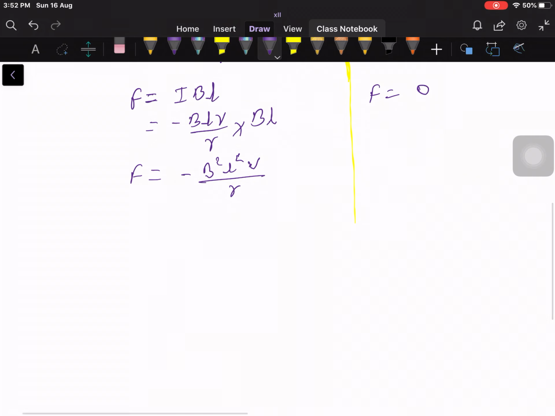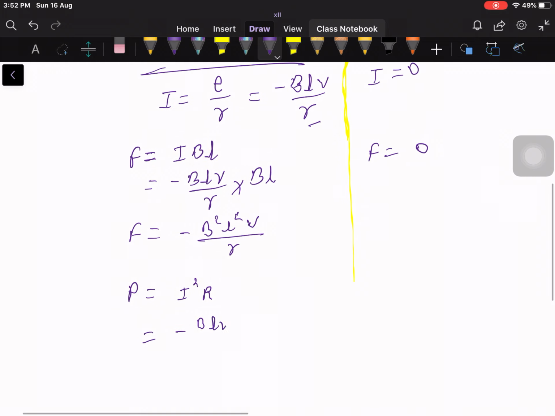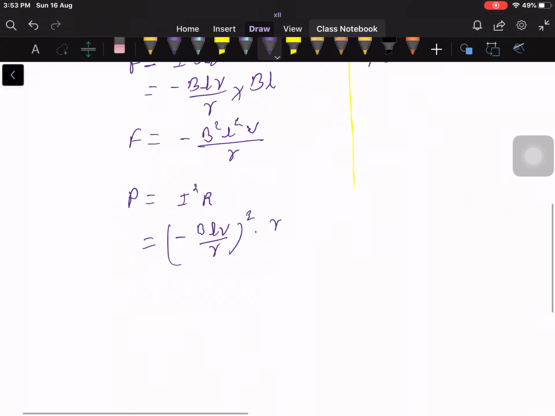Now next thing is power. Calculate power. P is equal to I squared R. Here I means minus BLv upon R, whole squared, into small r, because we have assumed the resistance of the loop is small. Just solve it.